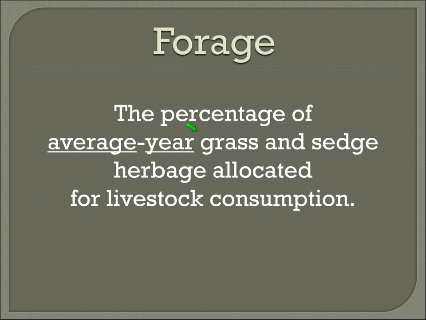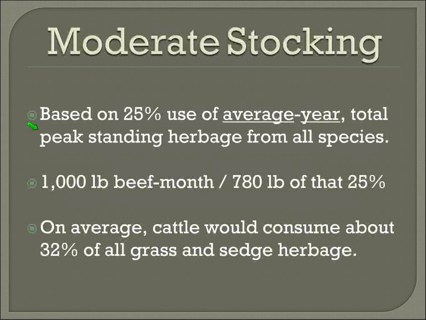Notice that I'm emphasizing grass and sedge. The CFR index is set up to work with cattle enterprises, and we'll take a look at how we account for these values in our definition of moderate stocking.